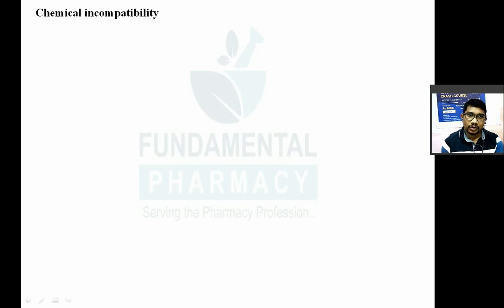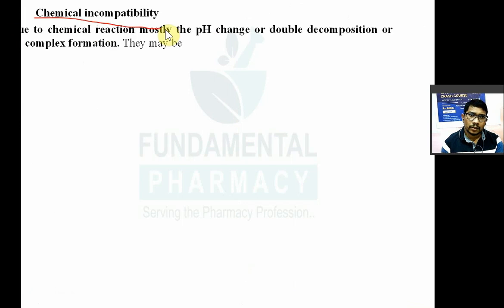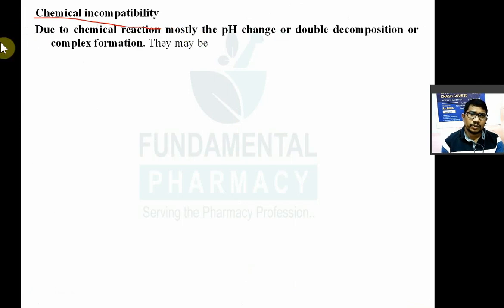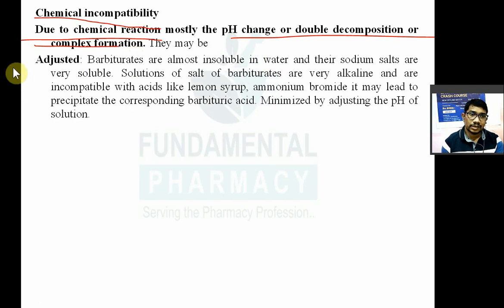Next is chemical incompatibility. It may be due to different chemical reactions, mostly pH change, or double decomposition or complex formation. Now this chemical incompatibility may be adjusted. For example, barbiturates are almost insoluble in water and their sodium salts are soluble.